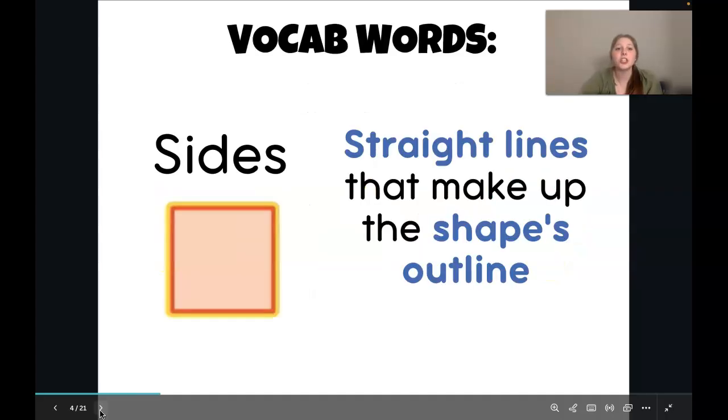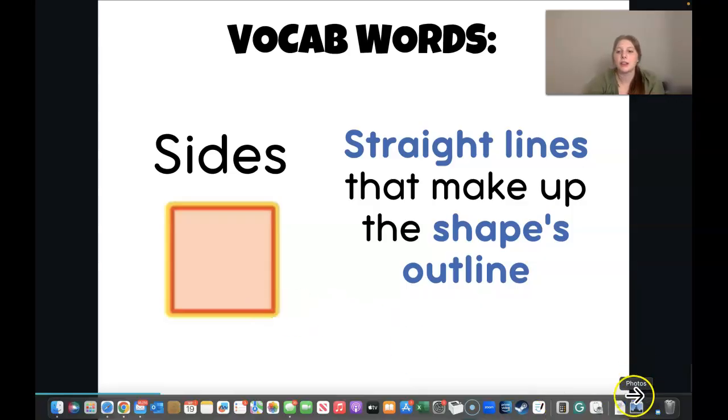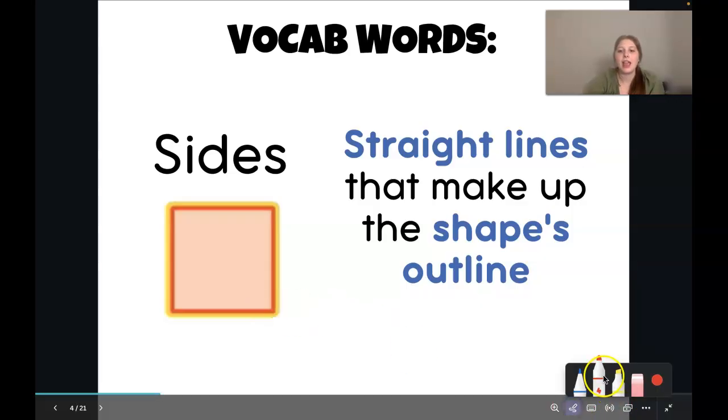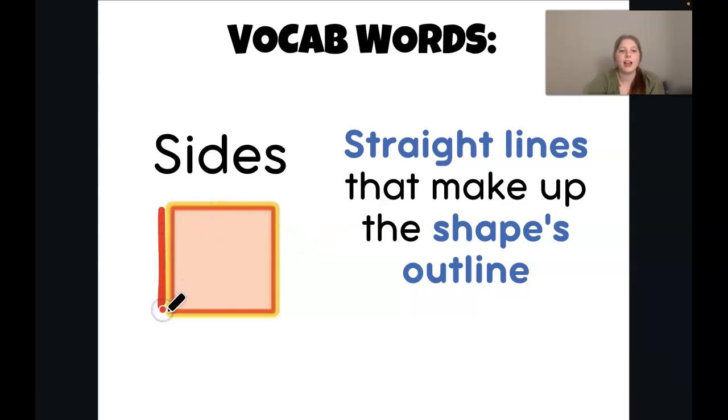The first one is sides. Sides are lines that make up the shape's outline. So if we look at my square, our square has one side here, a side here, a side here, and a side here.